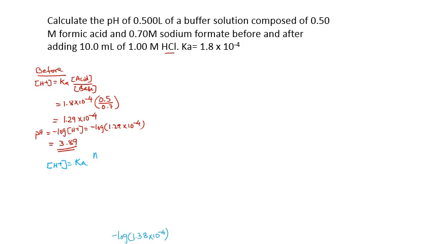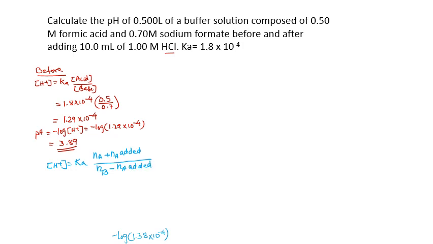Number of moles of the original acid present in the buffer plus number of moles of acid added, that's the invader, divided by number of moles of conjugate base originally in the buffer minus number of moles of acid added.